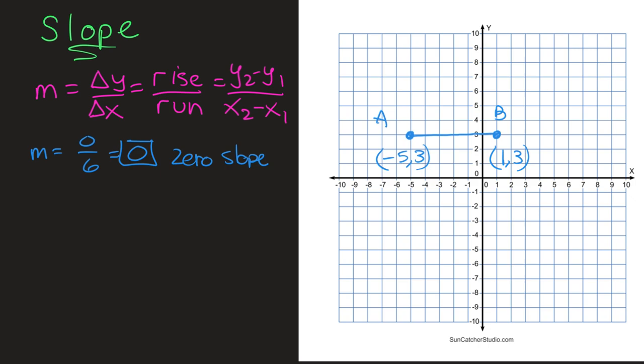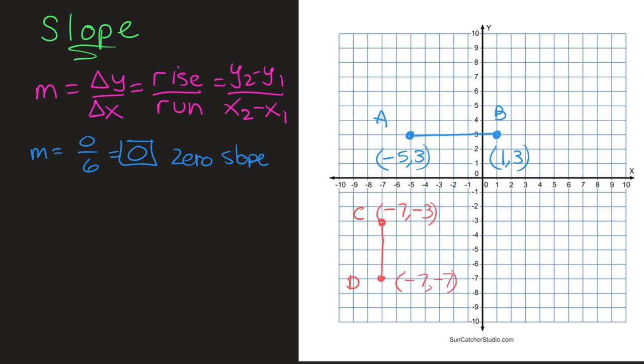And I'll do this maybe in this reddish color. If I have point C here, and then I have point D here, this is negative 7 comma negative 3, and this is negative 7 comma negative 7.